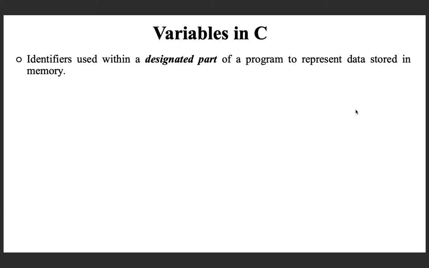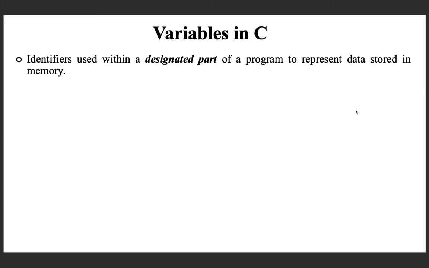Why are they used? They are used for representing data which is stored in the memory, and a variable is accessible to a designated part of a program. What that designated part is will be clear only when we discuss the accessibility of variables, so you don't have to worry about all those things now.